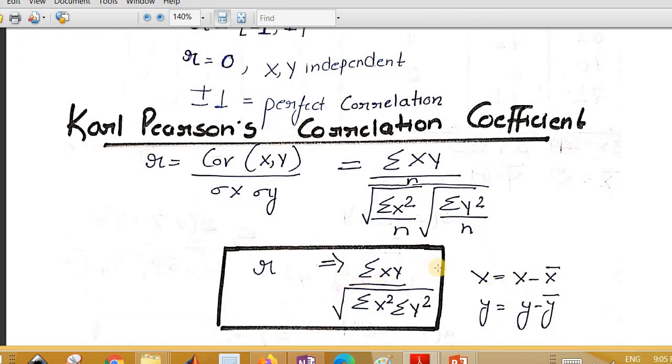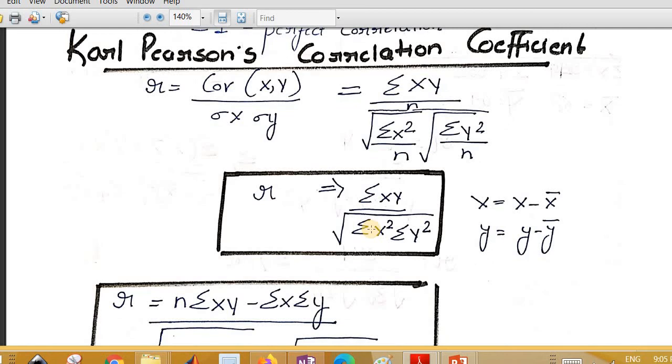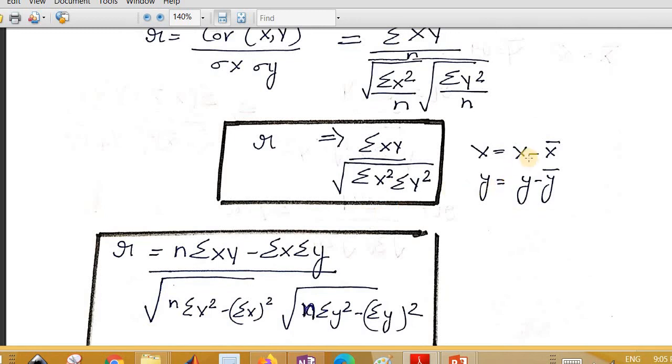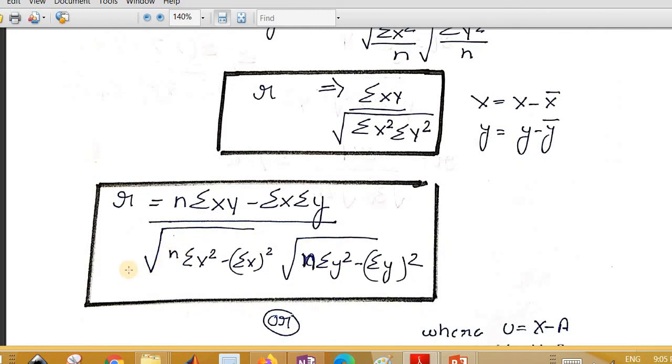So basically the formula is summation of (x minus x bar) into (y minus y bar), upon the square root of summation of (x minus x bar) whole square into summation of (y minus y bar) whole square, and the n terms cancel, both of them. So this is the first form of this formula, and after expanding it, this formula is also used. These are the different forms which we use depending on the question. So all these forms are similar.